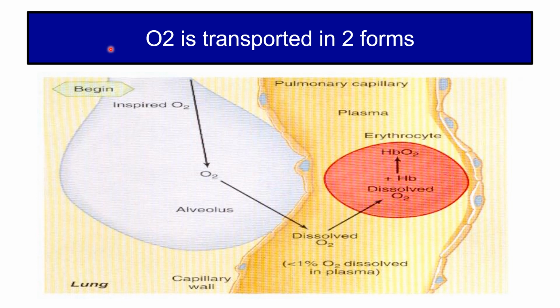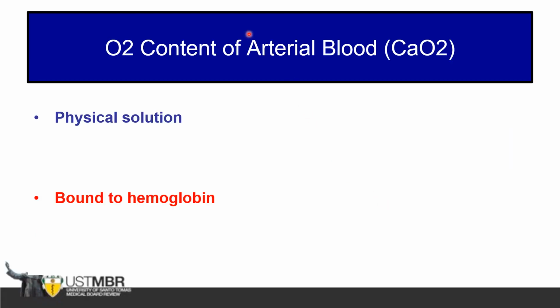So oxygen from the alveoli is transported into the blood in two forms. One, it's dissolved in physical solution, and the other one, it is bound to hemoglobin. If we want to compute for the O2 content of arterial blood, that is CaO2, arterial blood content of oxygen, we have to compute for the amount in physical solution and the amount bound to hemoglobin.